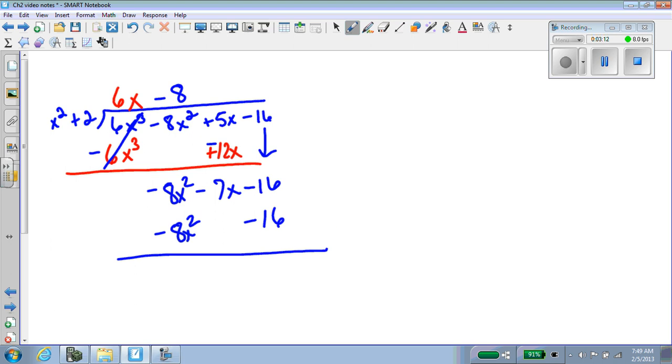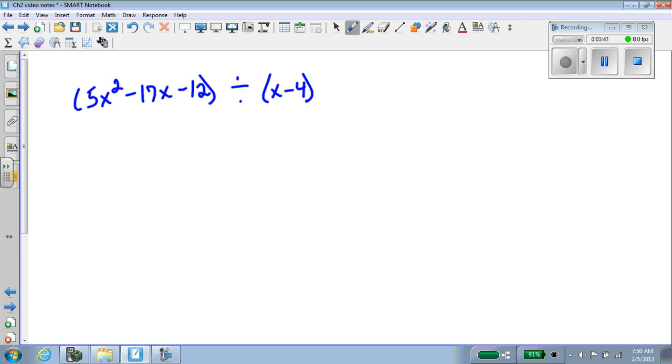I draw a line and subtract. So this guy has no one to combine with, and those guys cancel. So I do have a remainder. My remainder is negative 7x. So I can either write that as plus negative 7x over x squared plus 2, or I could have just written it as minus and then 7x over x squared plus 2.